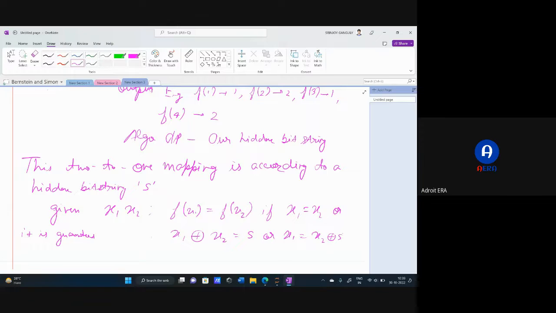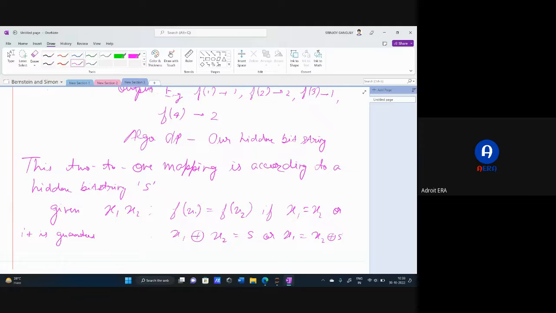So basically x1 and x2 are your inputs. We are checking whether the inputs are equal or what the inputs can be. So x1 XORed with x2 is equal to s. That calculation is done inside the quantum algorithm based on the inputs we provide, and then we analyze whether the XOR output indeed comes out to be s or not.